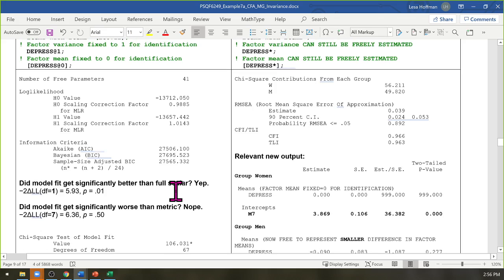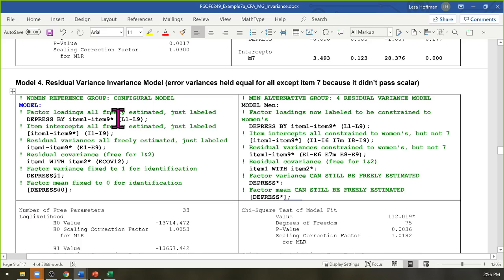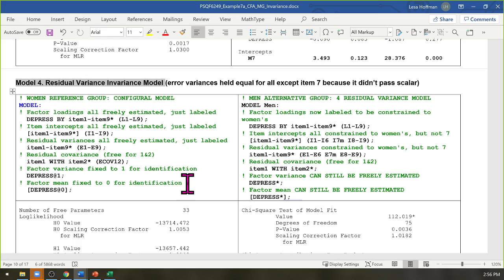That one doesn't have a special name. So model 4 is residual variance invariance. And yes, that's as terrible as it sounds. It doesn't have a name like metric or scalar does, but people do call this strict invariance. So if you have an item that passes the loading test, that's weak. If it also passes the intercept test, that's strong. And if it also passes the residual variance test, that is strict.